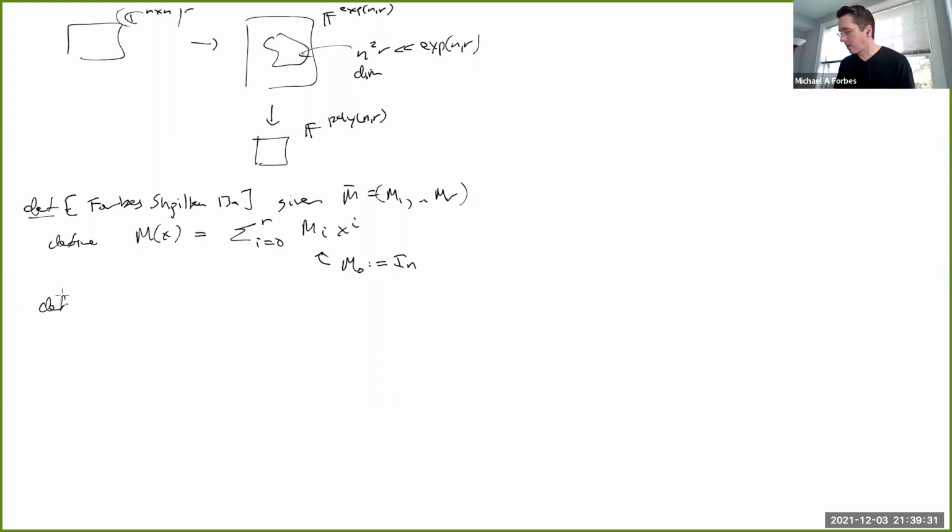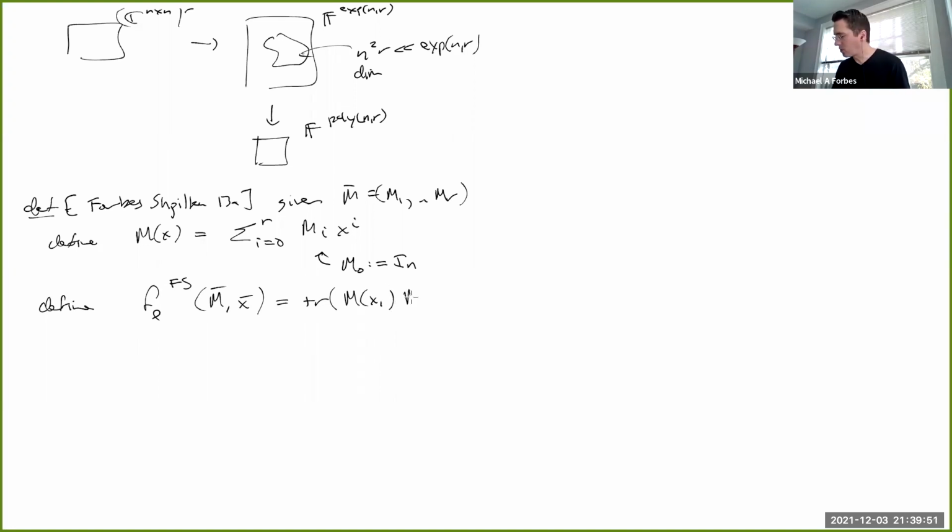We can then define the Forbes-Shpilka explicit polynomial f sub L. I don't know what to call it. Why not? As follows. We take the trace of this matrix valued univariate polynomial in some variable x1.